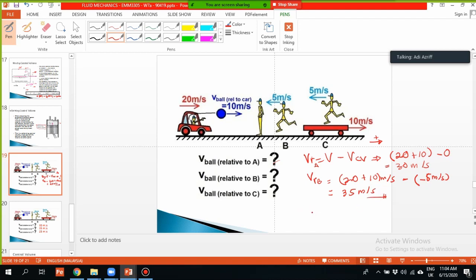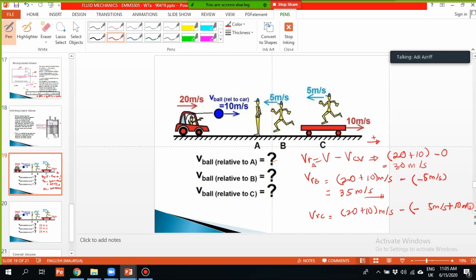And the third one is VRC. Your V is 20 plus 10 meter per second, minus your V control volume. The direction of the person is to the left, so negative 5 meter per second, but the roller is moving to the right at 10 meter per second, so it should be positive 10 meter per second.